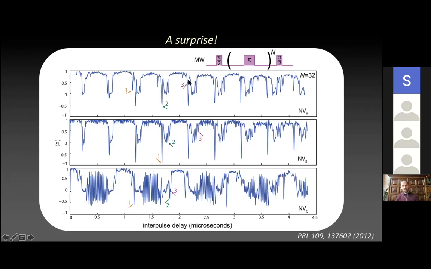Some of these spikes go down to 0, meaning that in this case the coherence of the NV center is gone. But you also see spikes that go below 0. That means there's still coherence in the NV center, but the superposition state has flipped sign. So something has happened under the dynamics here that does some coherent evolution to the NV center electron spin and makes it flip sign.